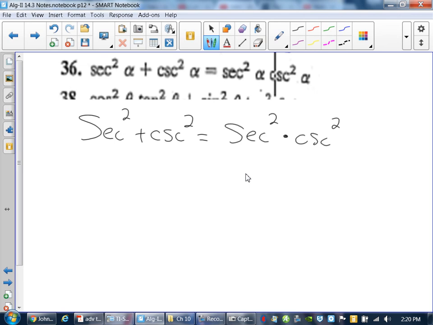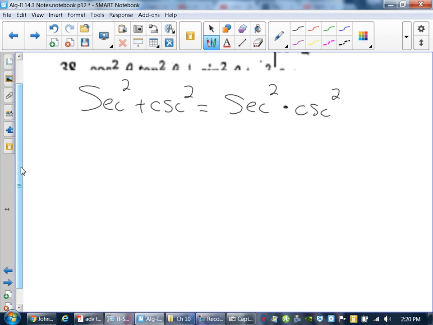Is it the same as that word subtraction? Yep. So what I would do here is rewrite in terms of their inverses: 1 over cosine squared plus 1 over sine squared. And then to do that, what would have to be your common denominator between cosine squared and sine squared? Yeah, you just multiply them together.